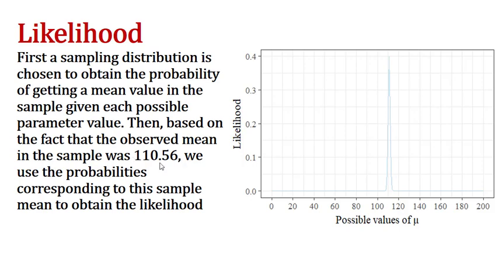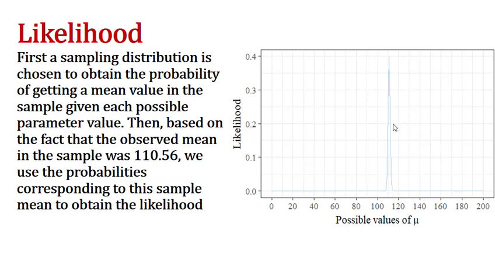Sorry, I should have said not 30 or 40. Start with 70. If the mean of the population is 70, how likely is it to obtain a mean of 110? If it is 80, if it is 90, 100, how likely is it to obtain this mean in our sample? And that's here.